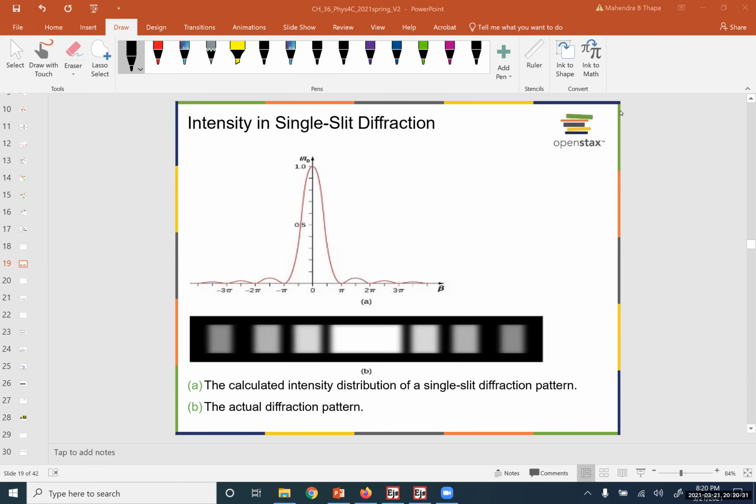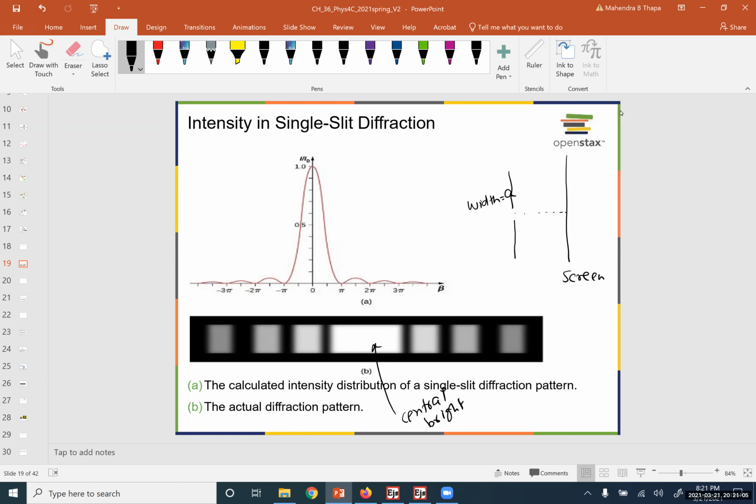In the case of single slit diffraction, we know that this is a small slit of width, say, A, and if we put a screen over here, then we'll see a pattern of fringes. So for example, we'll see as here, this bigger one is the central bright.